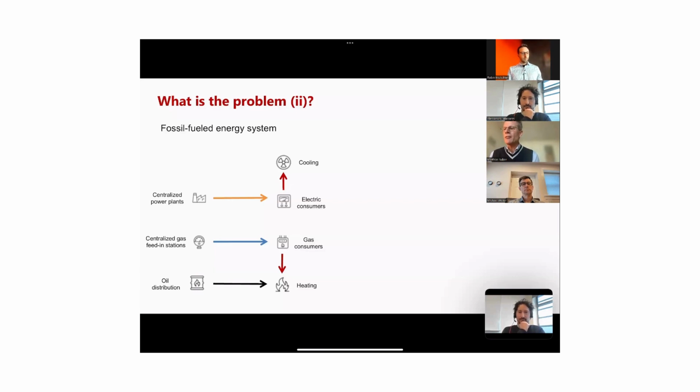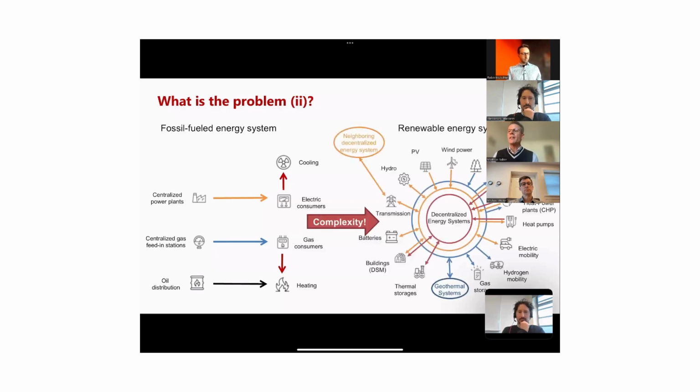But if you look where we are heading into a more renewable energy system, it looks like this. So everything is connected, interdependent. And as I highlighted, part of that are also geothermal systems, which are playing a crucial part on the thermal side to support these decentralized systems, which are able to actually efficiently utilize renewables.